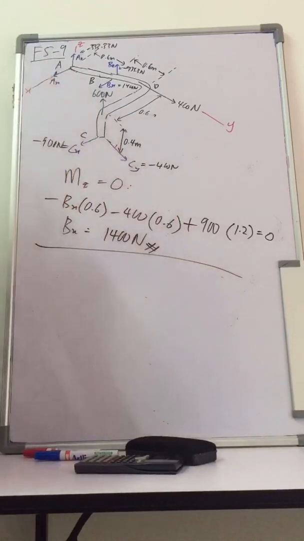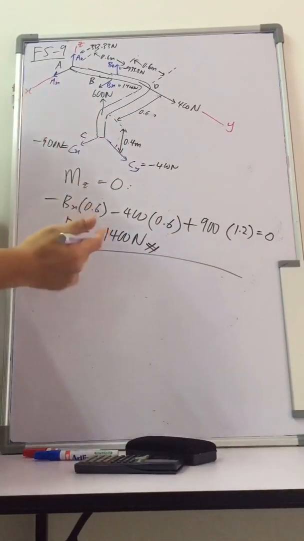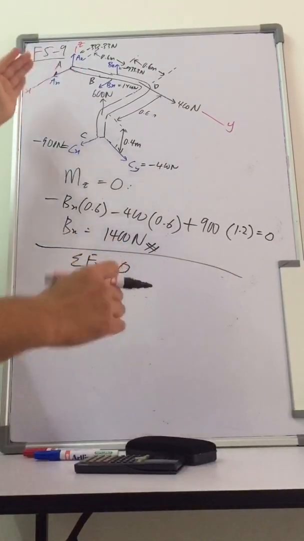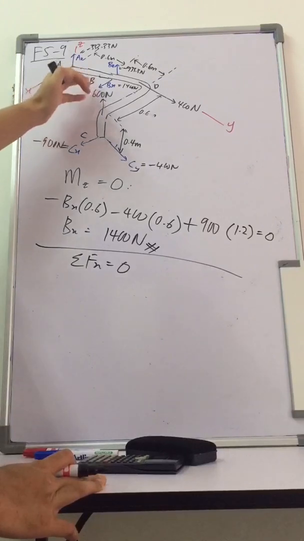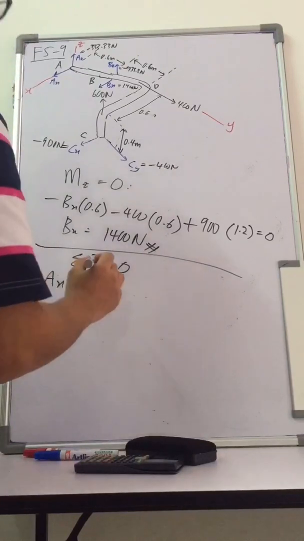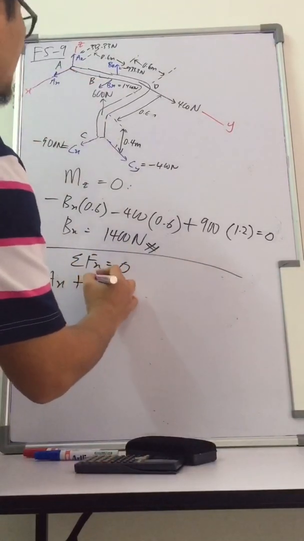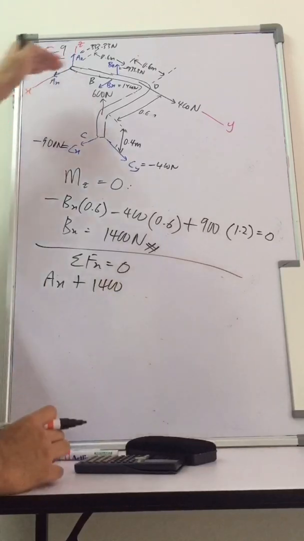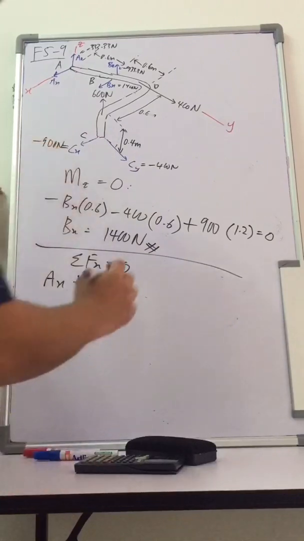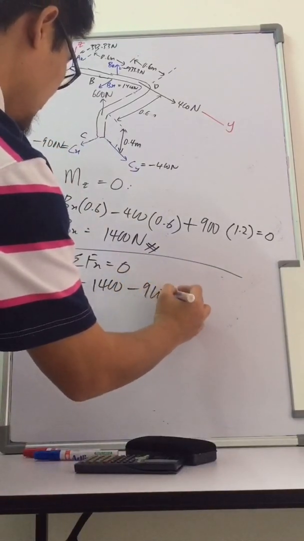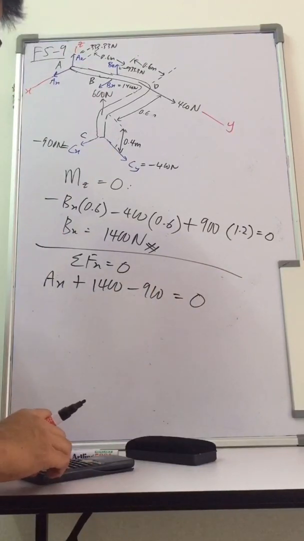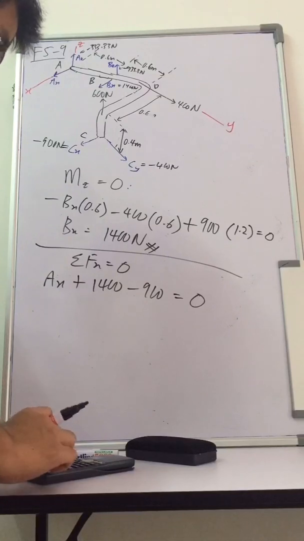Finally, you can find AX, the final unknown. To find AX, simply use the solution of sum of Fx equals 0, because now of all the forces in the x direction, only AX is unknown. You know BX, you know CX. Okay, so AX plus BX, plus 1400 Newton. Okay, this one, this one, this one. So CX is minus 900 Newton, equals to 0. AX equals to 1400 minus 900, 500.